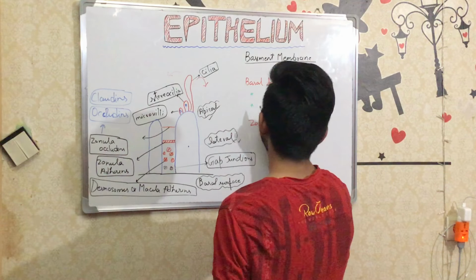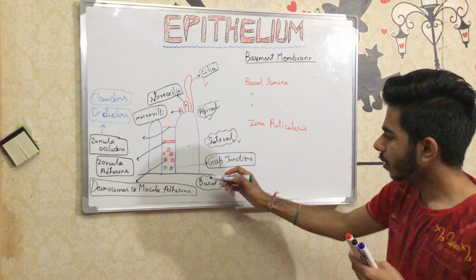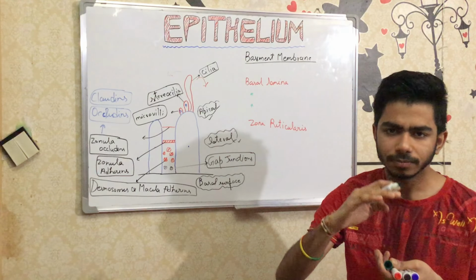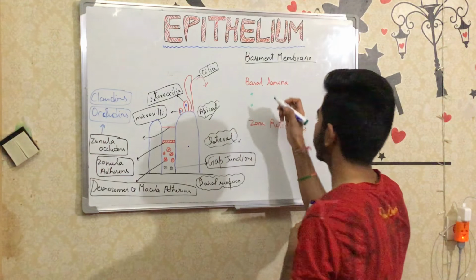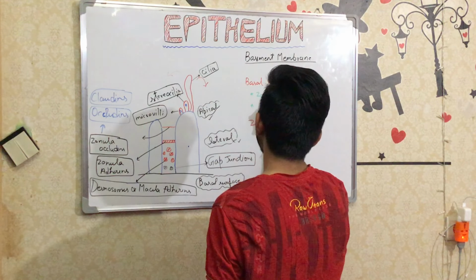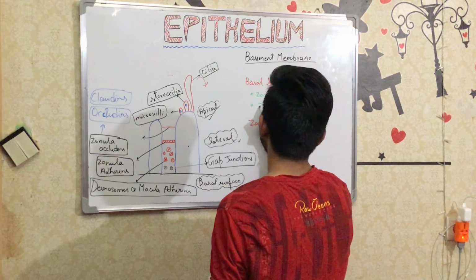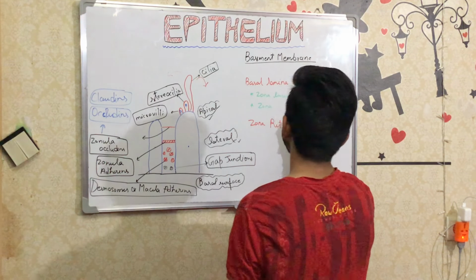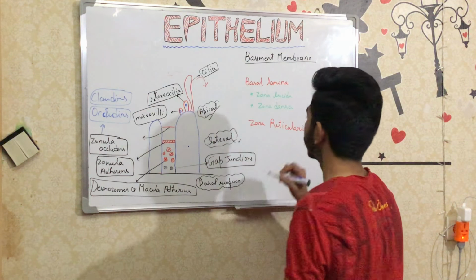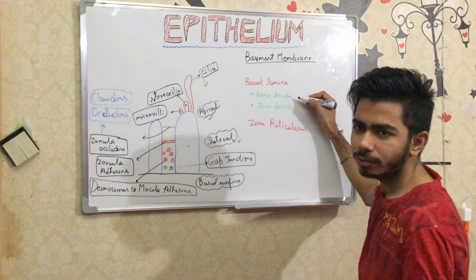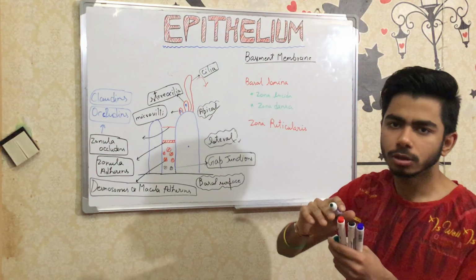In the basal lamina there are two more structures: a lighter portion, and a darker portion which is denser. So we have the zona lucida for the lighter portion and the zona densa for the denser, more compact portion.